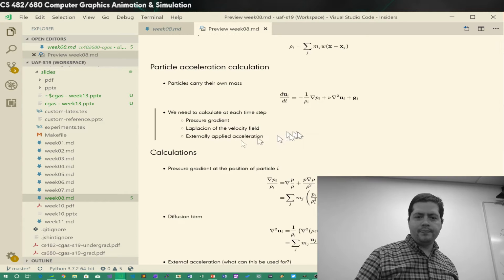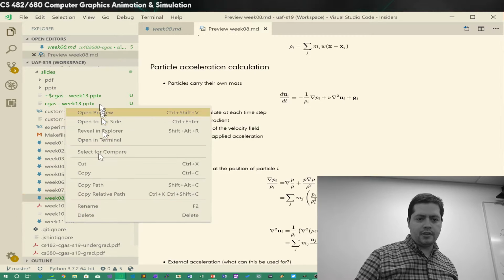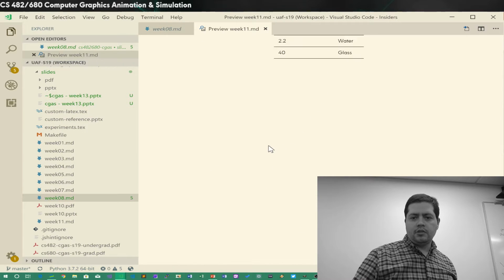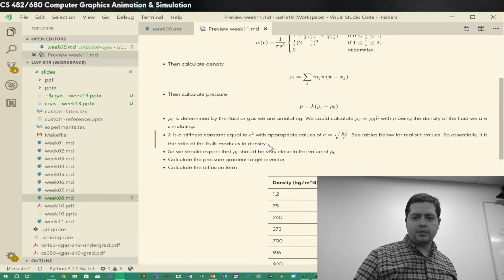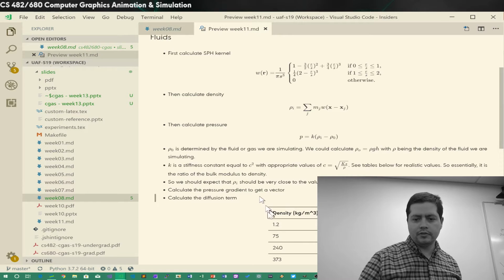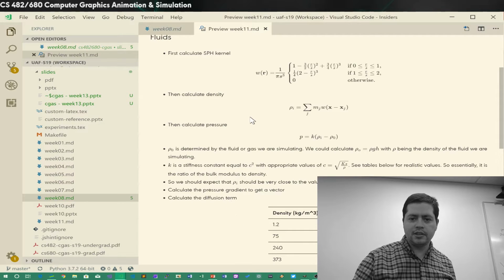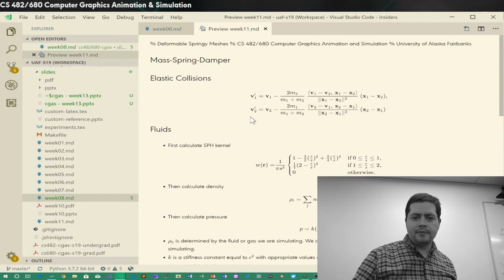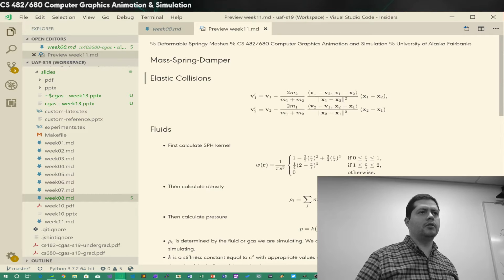I was updating some stuff on week 11 that we didn't talk about last time. This is week 11, week 12, week 13 kind of stuff. We're still going to work on the mass spring damper and the collision stuff.